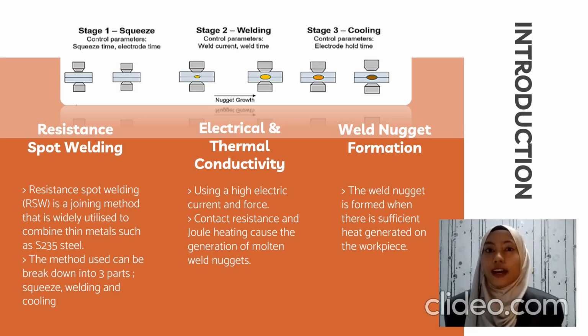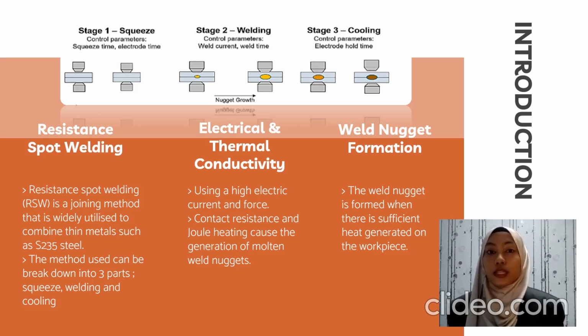On the other hand, electrical and thermal conductivity is one of the most important aspects also in spot welding. As a result of the contact resistance and joule heating, a molten weld nugget forms in the workpieces. Joule heating is the physical action of current passing through an electrical conductor producing thermal energy.